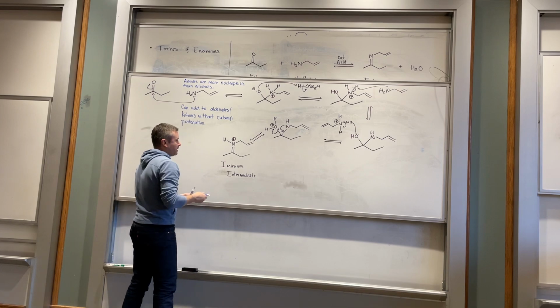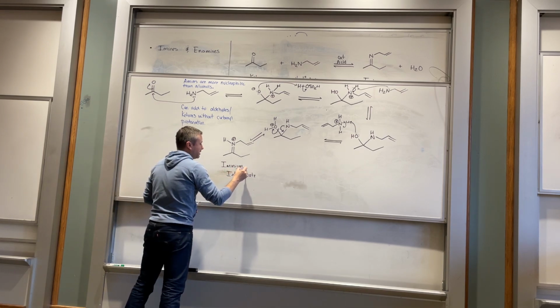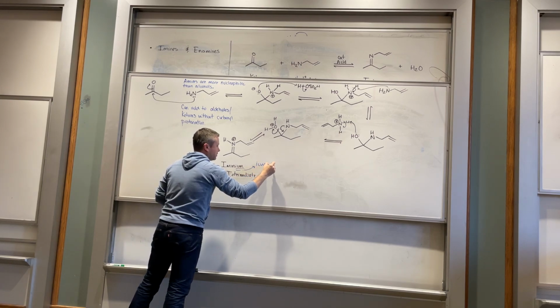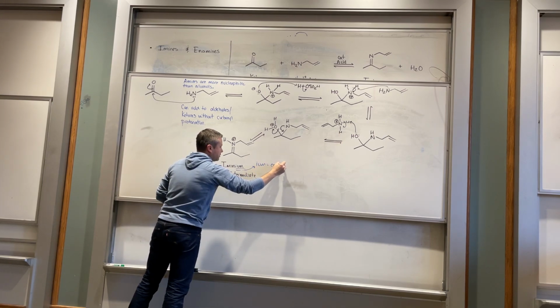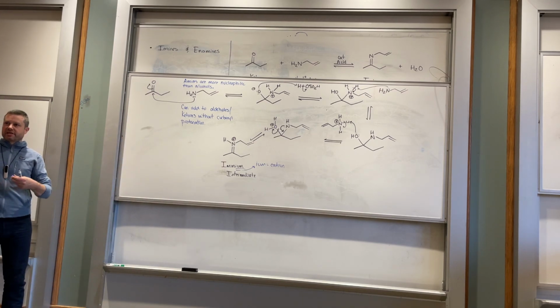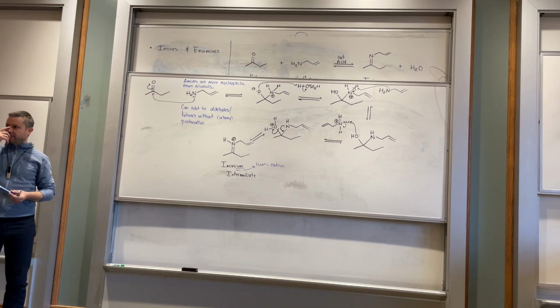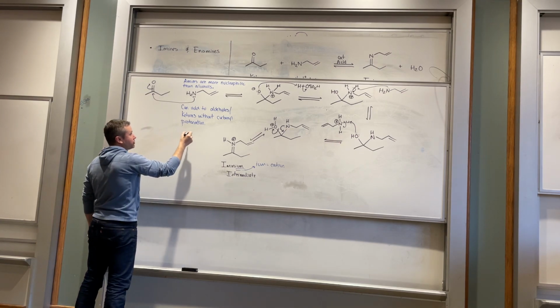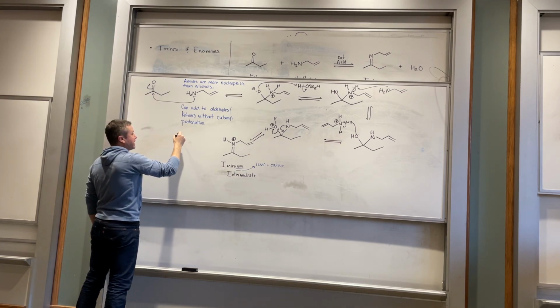The intermediate that we're creating is called the iminium intermediate. That IUM suffix on that word, just like ammonium, indicates a positively charged nitrogen. And then the last thing that we have to do is reform our acid catalyst.